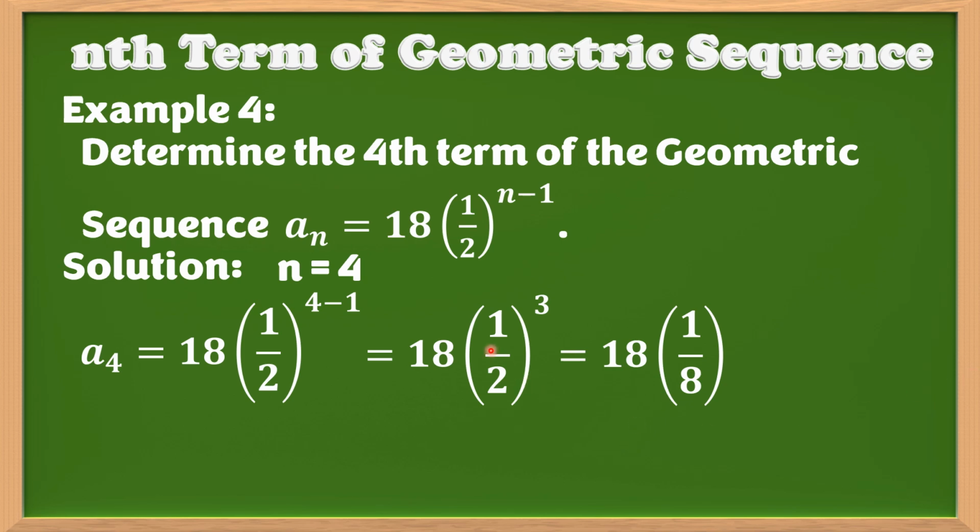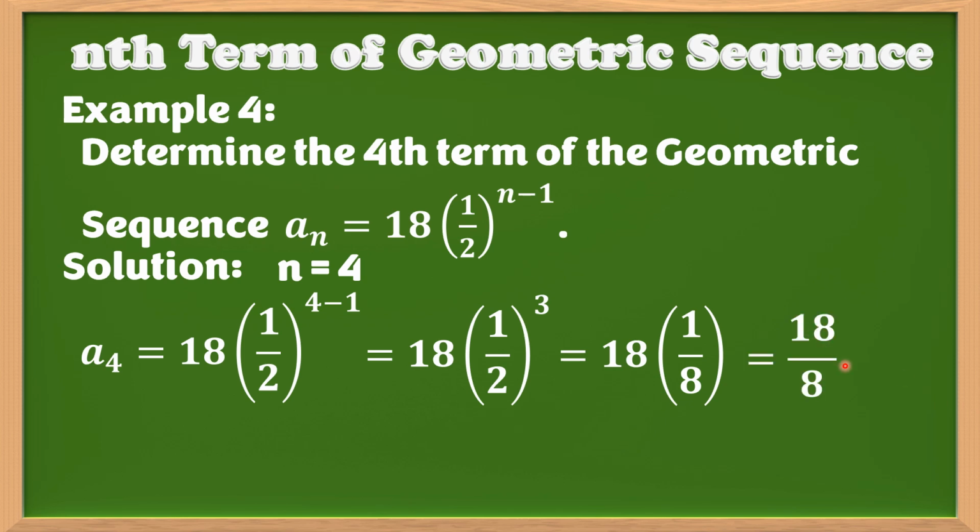So again, 1 cube is 1 times 1 times 1, and that is equal to 1. And then 2 cube or 2 raised to 3 is the same as 2 times 2 times 2, and that is equal to 8. And then we will multiply now 1 over 8 by 18, and the answer is 18 over 8.